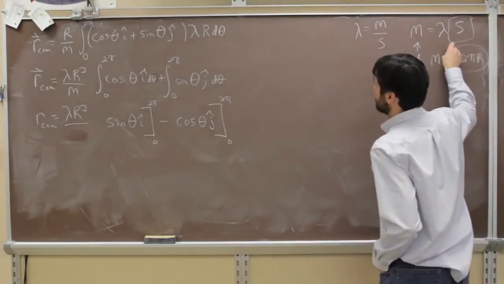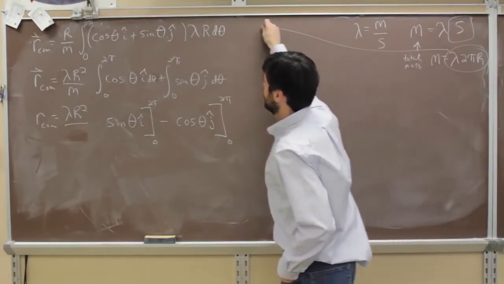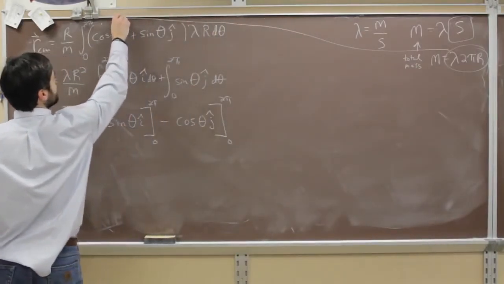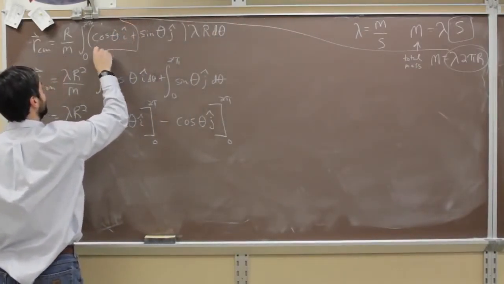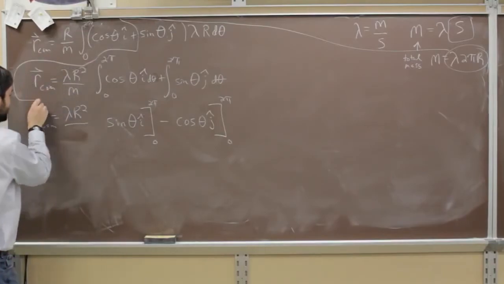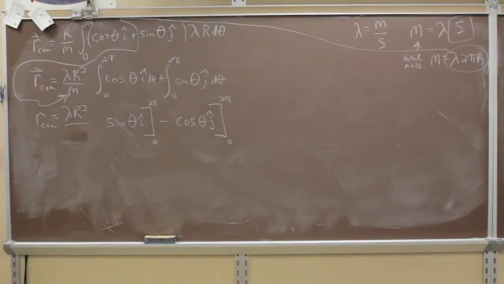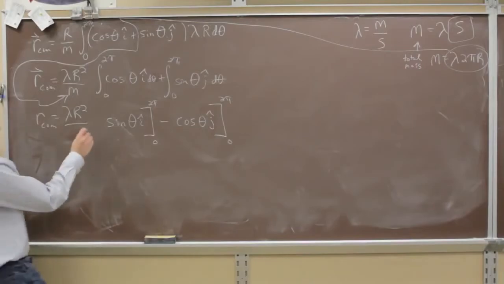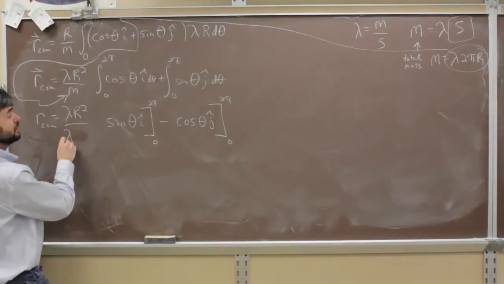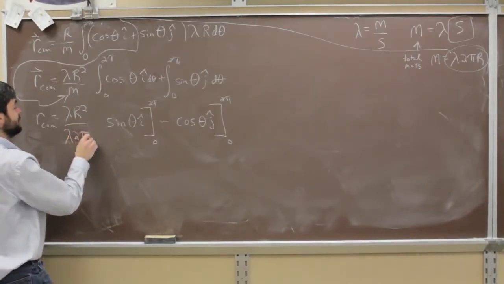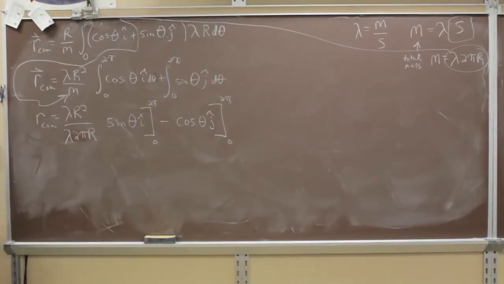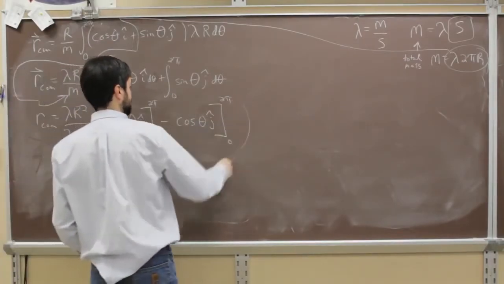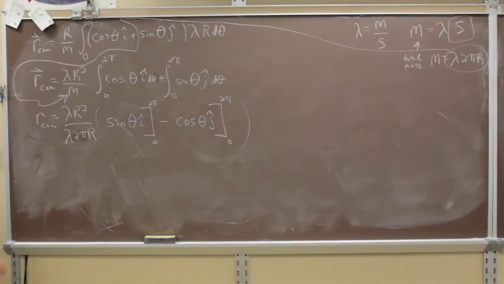So I can take that and put that in right there. So then that's going to be lambda 2 pi r. And that's kind of nice.